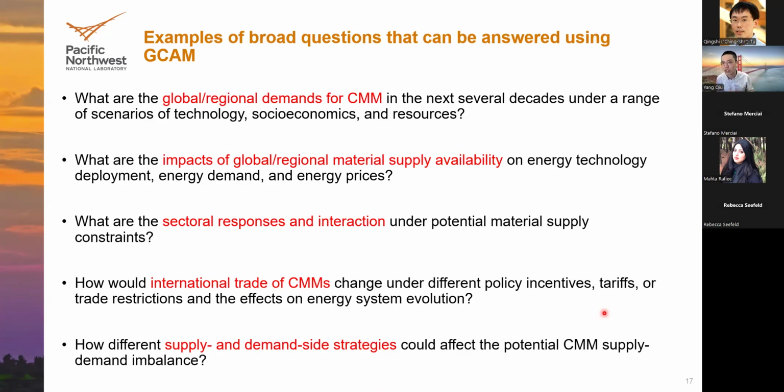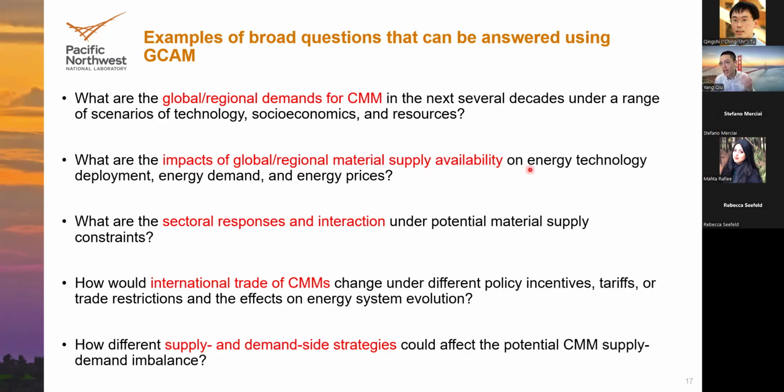global and regional material demand in the next few decades under a range of scenarios with variation of technology deployment, socioeconomic change, and also resource availability. We will also be able to answer some questions about how material supply availability could affect technology deployment in different sectors.